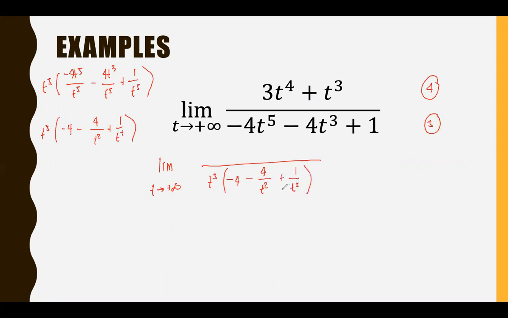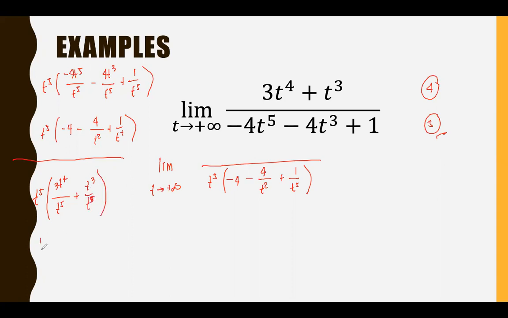And let's do the same work for the numerator. However, this time, just want to tell you, since on the denominator we pulled out the higher degree, t to the power of 5, we will still pull out the higher degree. So it's 3t to the power of 4 over t to the power of 5 plus t to the power of 3 over t to the power of 5. Oh, I'm sorry, it's 5.